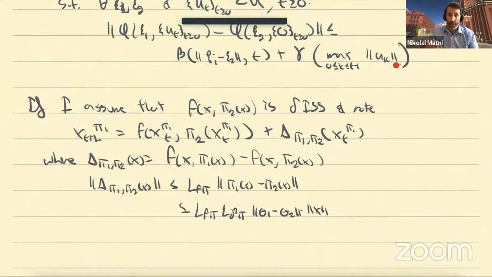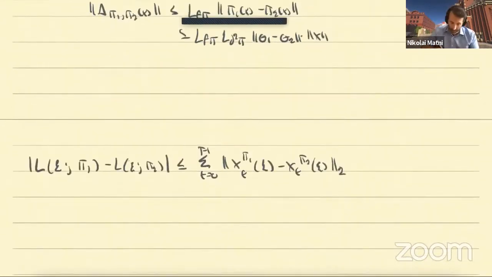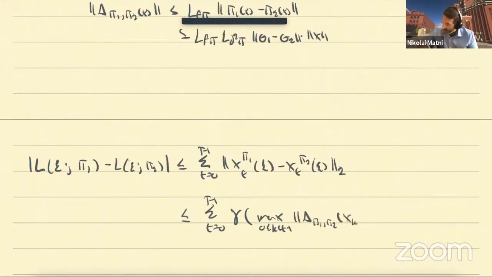And I'm going to define u_k to be exactly this delta term. So this immediately gives me that this is less than or equal to the sum from t equals 0 to t minus 1 of gamma times the max over t minus 1 of this bound, delta pi 1 pi 2 of now x_k under pi 1.